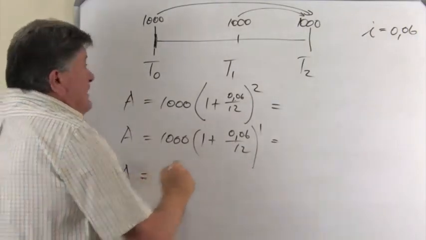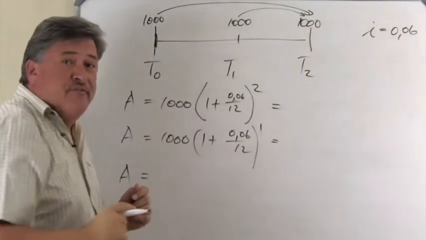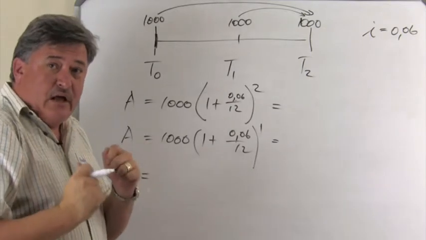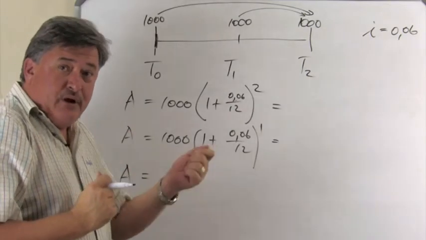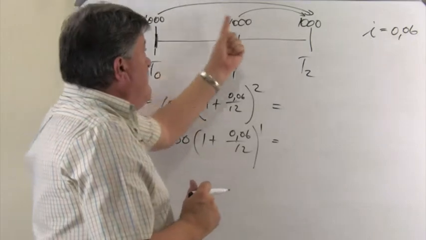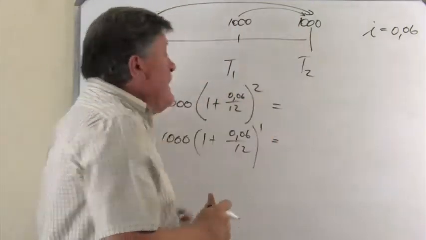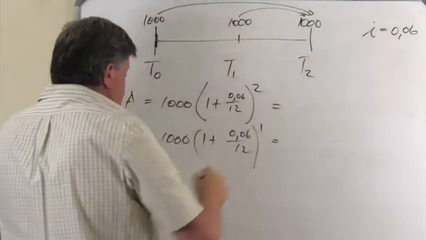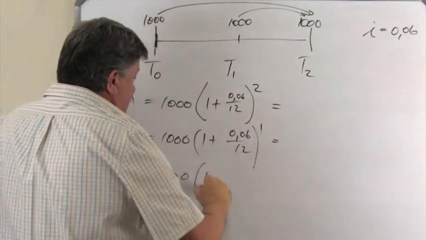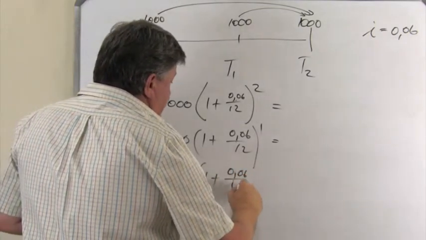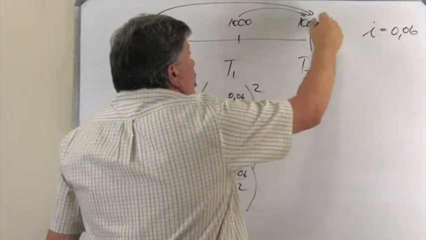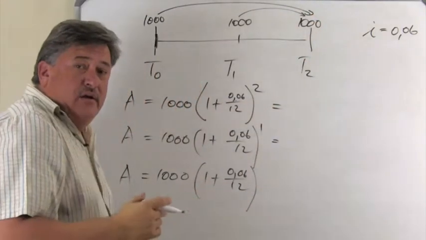And then I'm going to look at the third deposit that I've made. Please remember, the example said that there were 3 deposits: the one now, a month later, a month later. So I'm going to grow every one of them. Now this last deposit, 0.06 over 12, for how long will this one be in the bank?